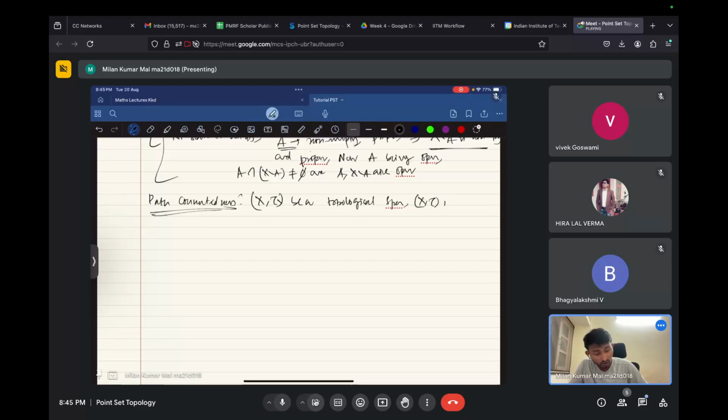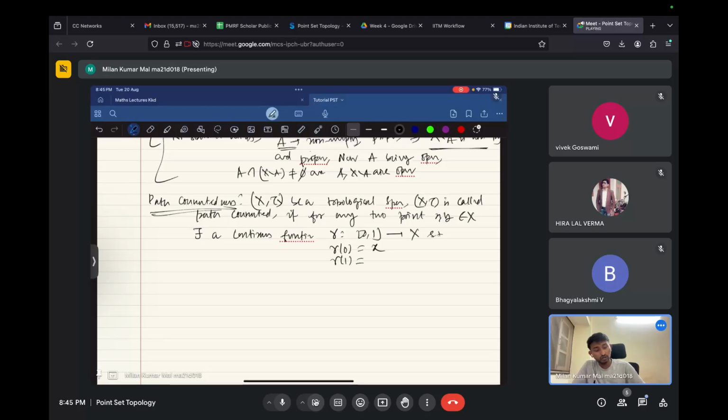X tau is called path connected if for any two points x, y coming from capital X, there exists a continuous function, in general denoted by gamma, from 0 1 to capital X such that gamma of 0 equals x, gamma of 1 equals y.